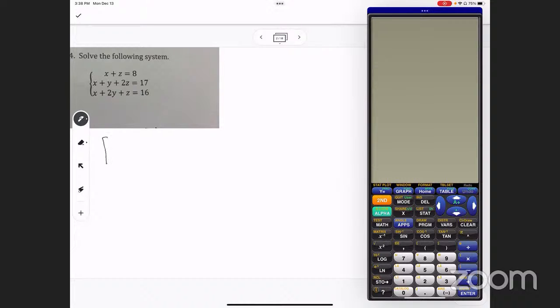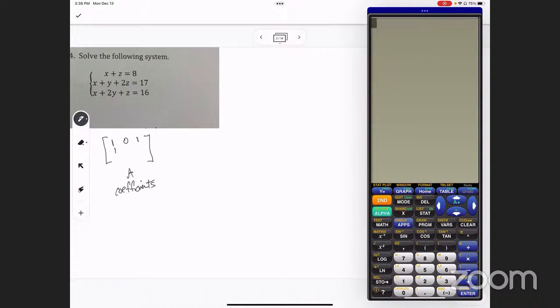So what you do is you take your calculator, and your first matrix is called your coefficient matrix. So I take all the coefficients. So 1, 0, 1, 1, 1, 2, 1, 2, 1. So I put all those coefficients here. Don't forget to hold the place with a 0 if necessary.